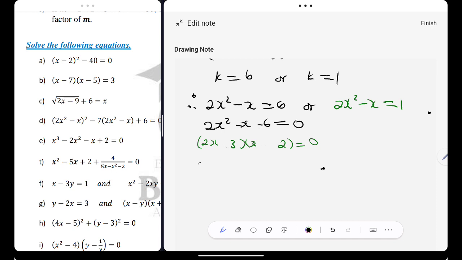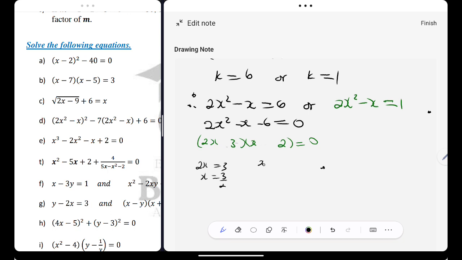How so? If you have 2x equaling 3, that means x is 3 over 2. But if I have x equal to 2 on the other bracket, the first bracket gives x equal to 3 over 2, the second one gives x equal to 2. 2 is greater than 3 over 2. It simply means that the bracket that yields a greater x value will take the sign of the middle term.